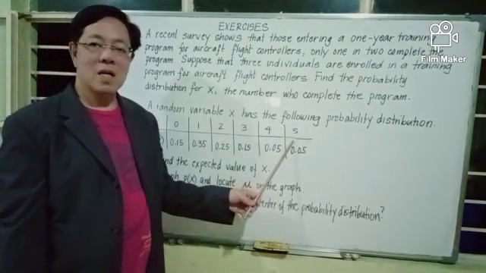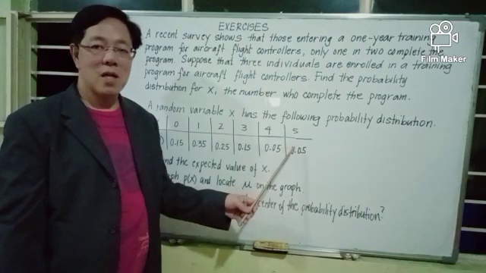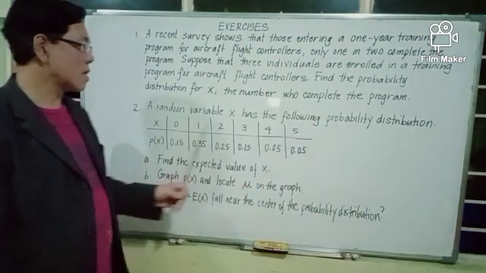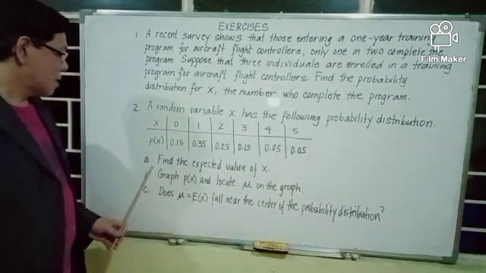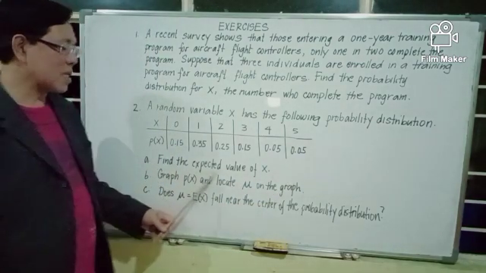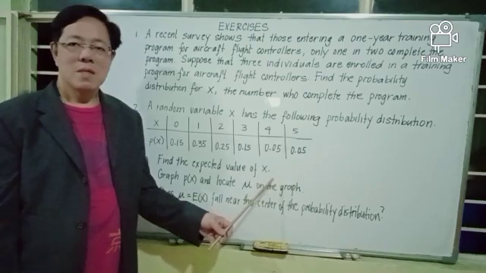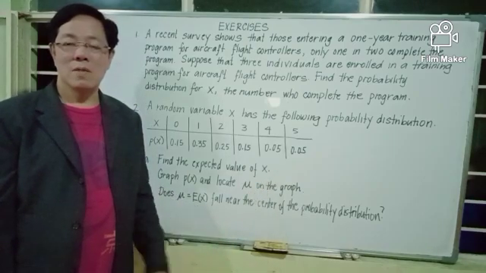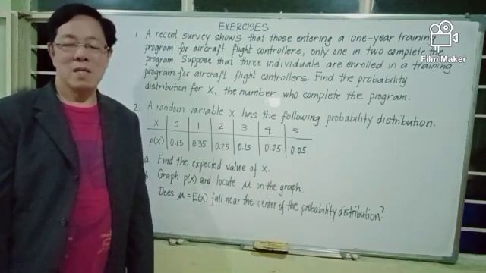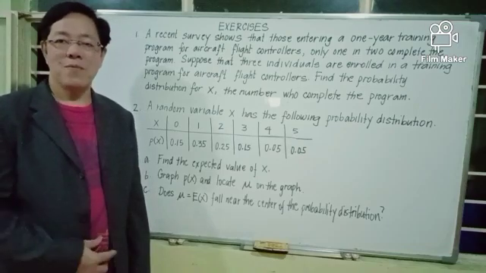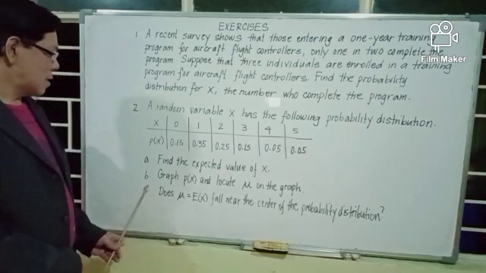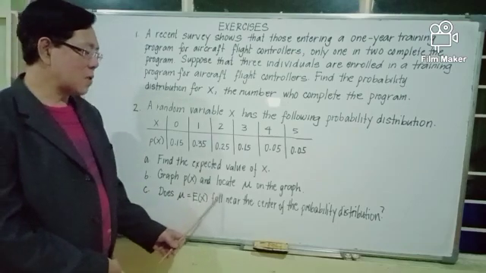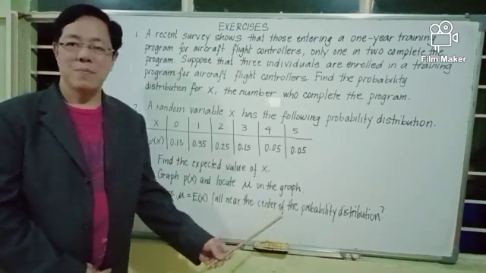When x is 5, the probability that the value of the discrete random variable x is 5 is 0.05. Letter A, find the expected value of x. That is, you will compute the mean denoted by the Greek letter mu, or E of x, or expected value of x. Letter B, graph P of x and locate mu on the graph.